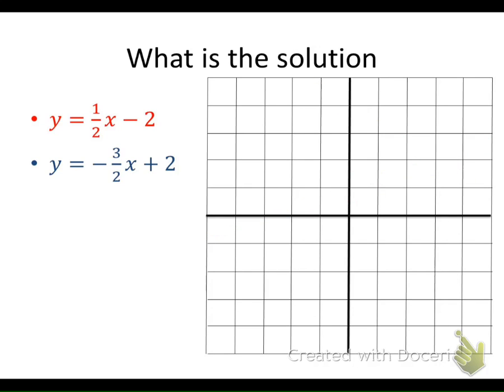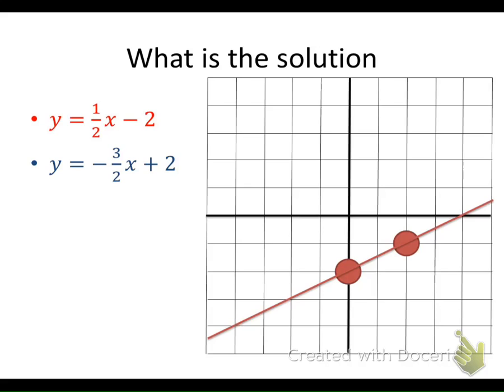Okay, next problem. In the red, my y-intercept is a -2, so that's where the red dot goes along the y-axis. Slope is a 1/2, it's positive, so I'm going up. The number on the top is a 1, so go up 1 and forward 2.